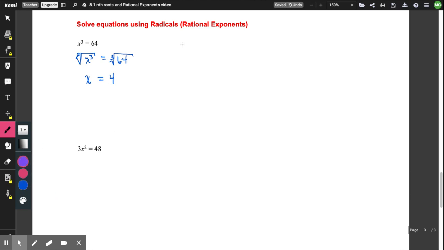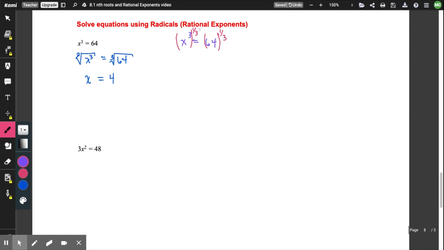Okay, the second way that I could do the same problem, let's say x cubed equals 64, is I could raise both sides of this equation to a power that would cause that 3 to become a 1. So that power would be whatever the reciprocal of 3 is. So I could raise it to the 1/3 power.